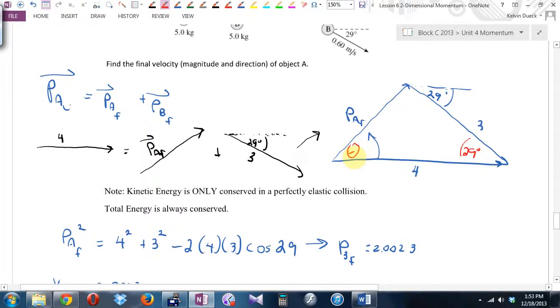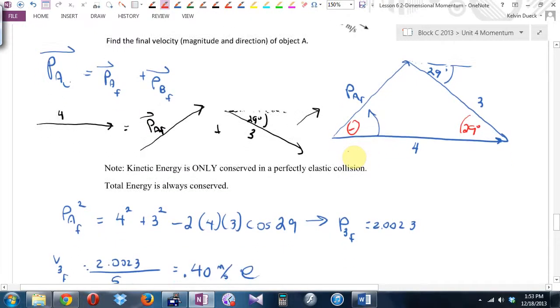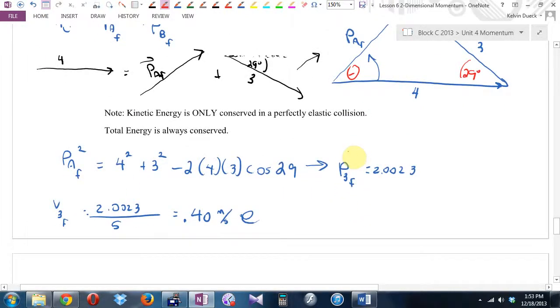There's my theta. Can I use SOHCAHTOA? Could I say this is like cosine? No, because there's no hypotenuse here necessarily. There's no right angle here. So I'm going to have to use the sine law. Sheesh. I'm going to have to fit the sine law in right here.